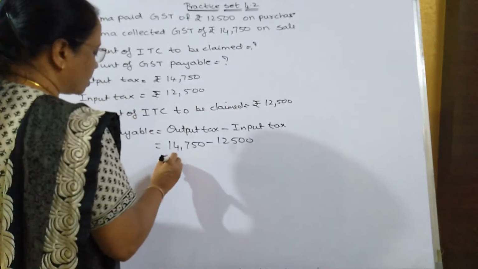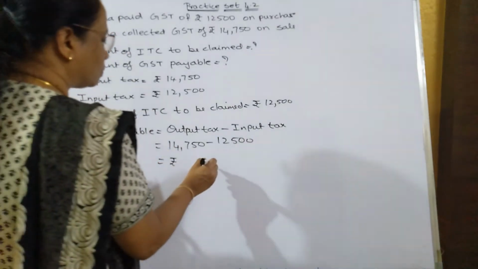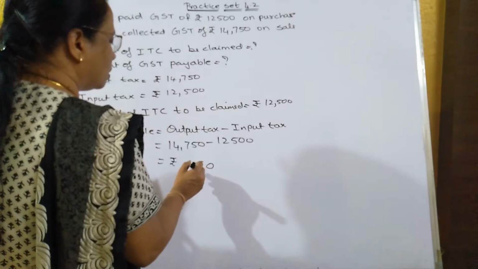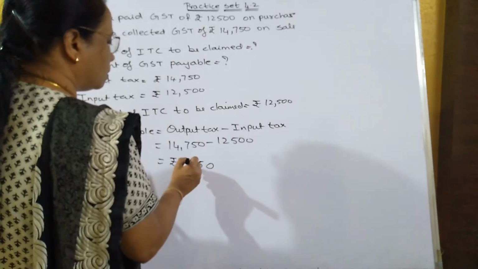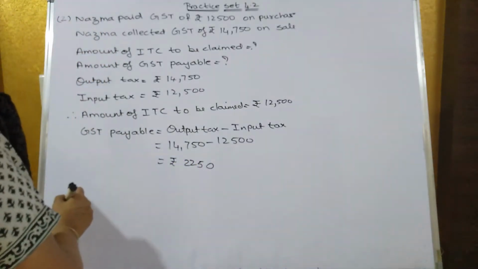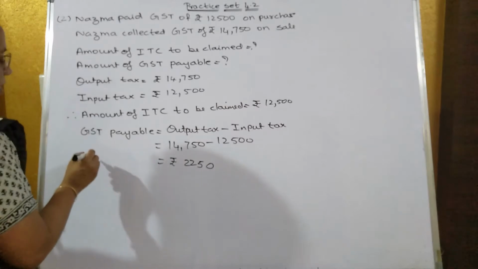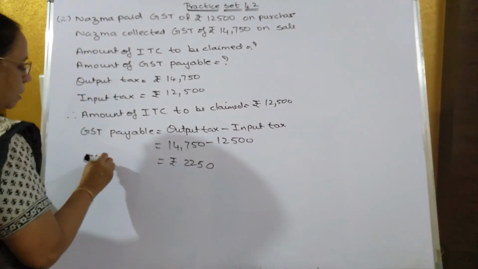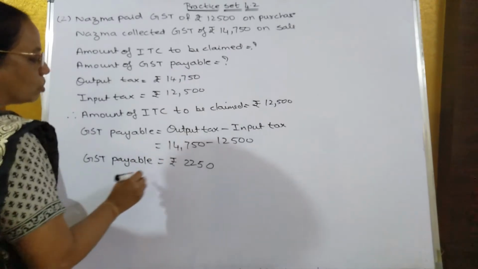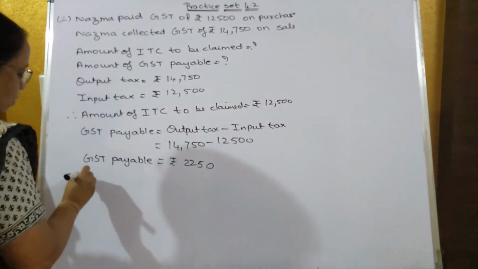So that is equal to rupees 2,250. So how much is GST payable? GST payable is equal to rupees 2,250. So what is the answer?